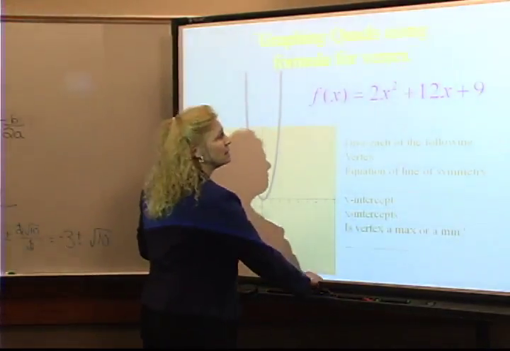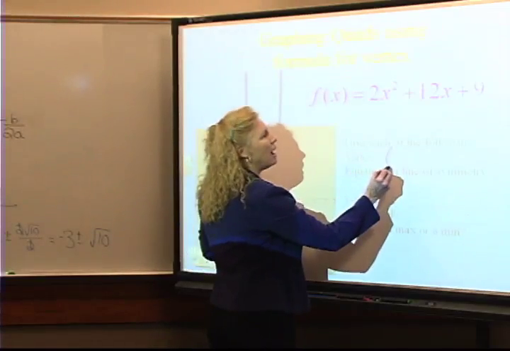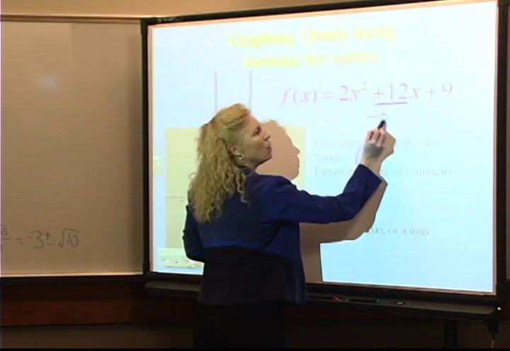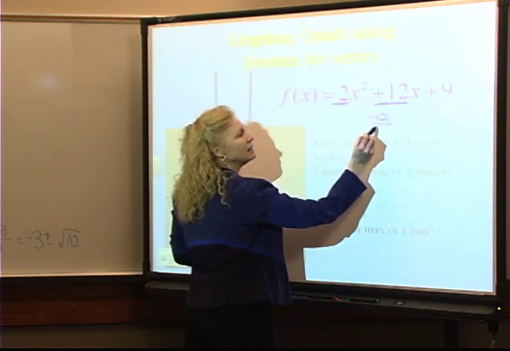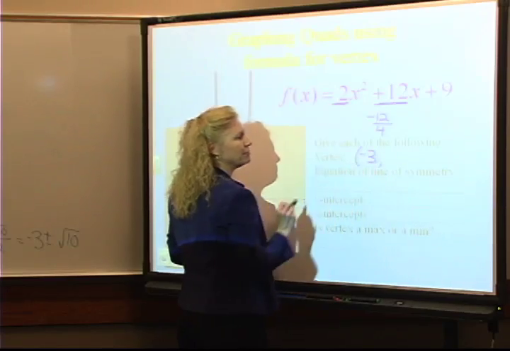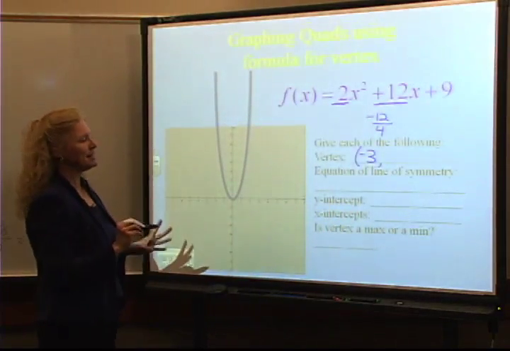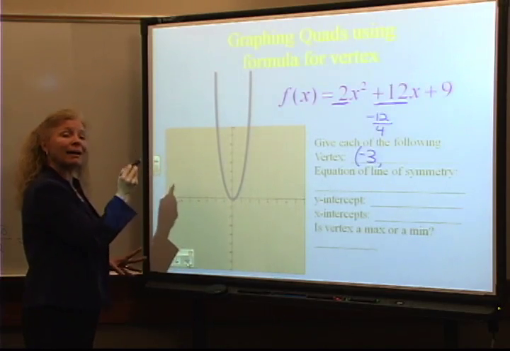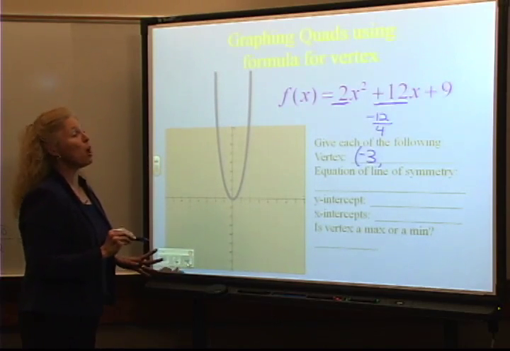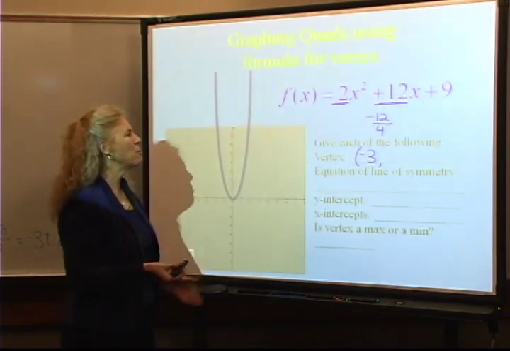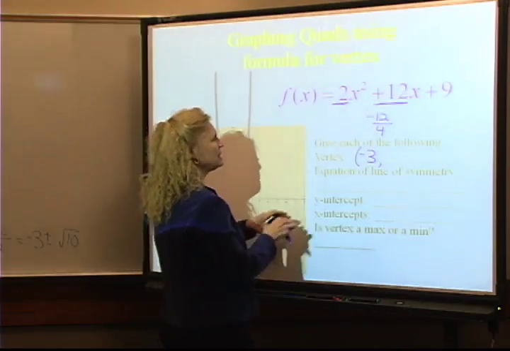Well, in this direction, I do negative b over 2 times a. My x-coordinate is negative 3. Maybe I like negative 3s. Now, we have to put that negative 3 back into the function to get the y value. That's what this equation is all about, to generate outputs. So let's see here.